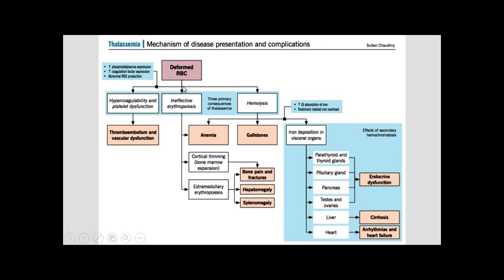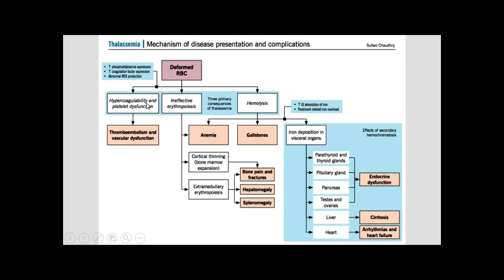Remember, the alpha or the beta chain are going to be altered. Alteration in the structure of the proteins is going to lead to alteration in their shape and in their structure. This will lead to different conditions: hypercoagulability, dysfunction of the platelets, ineffective erythropoiesis, and hemolysis.